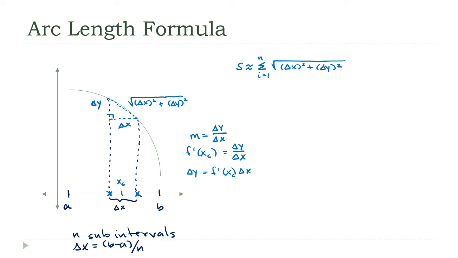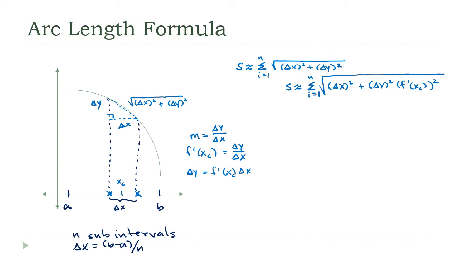Now my arc length is approximately the sum i equals 1 to n of the square root of delta x squared plus delta x squared times f prime of x sub c squared.